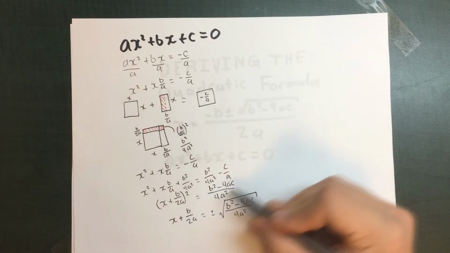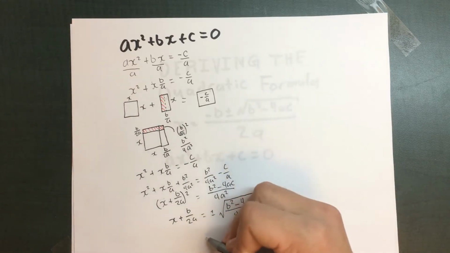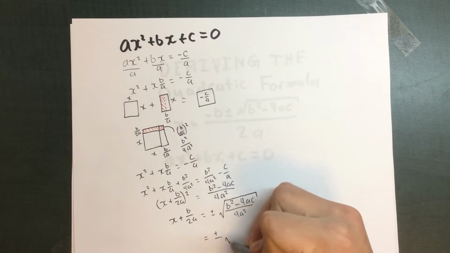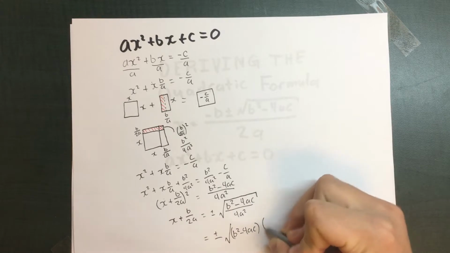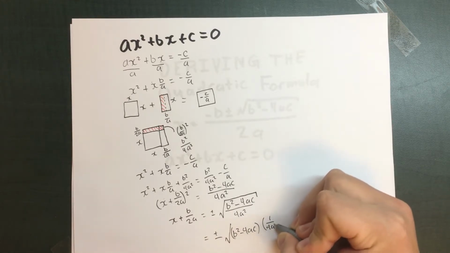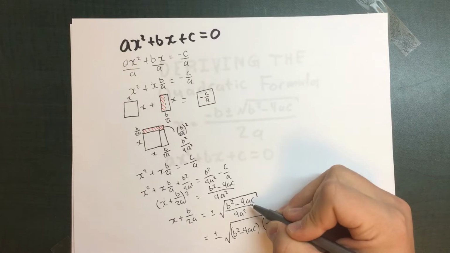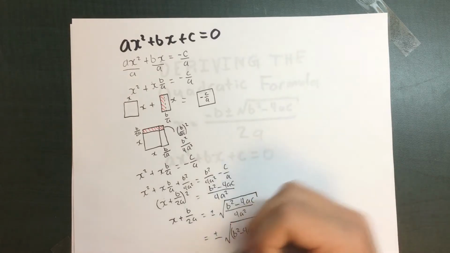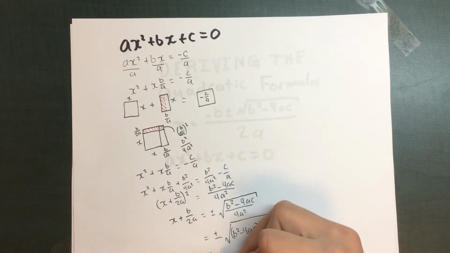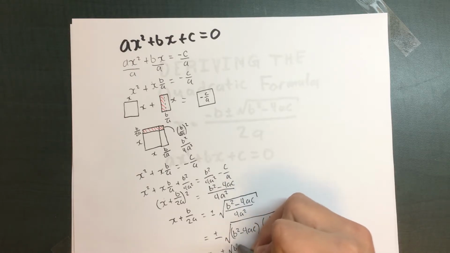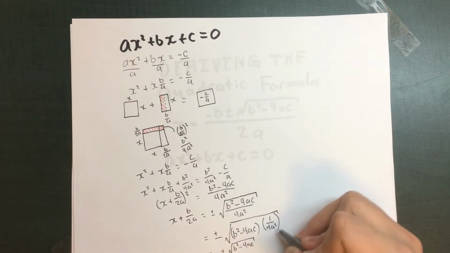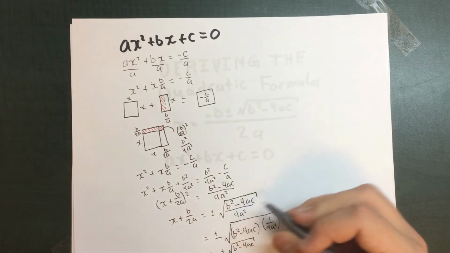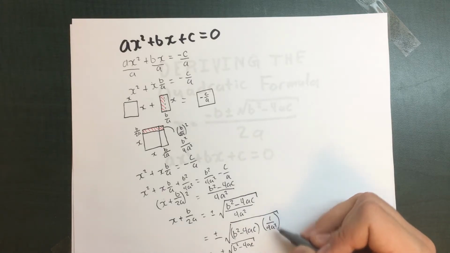Now let's look at the right hand side of the equation. This can also be viewed as plus or minus the square root of b squared subtract 4ac times 1 over 4a squared, which is the bottom part of our fraction here. If we expand this out, we get plus or minus the square root of b squared subtract 4ac divided by, so we divide the bottom part and the top part, the square root of 1 is 1, the square root of 4 is 2, and the square root of a squared is a.